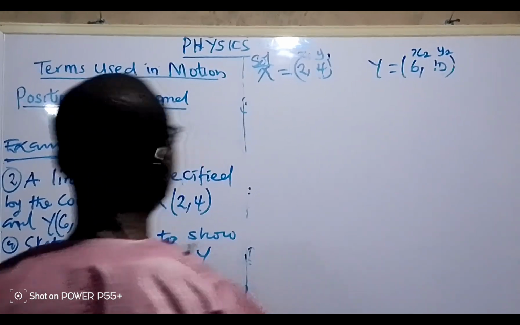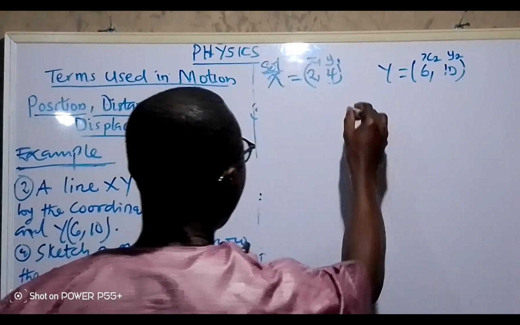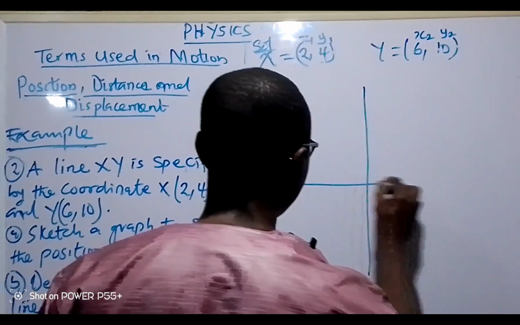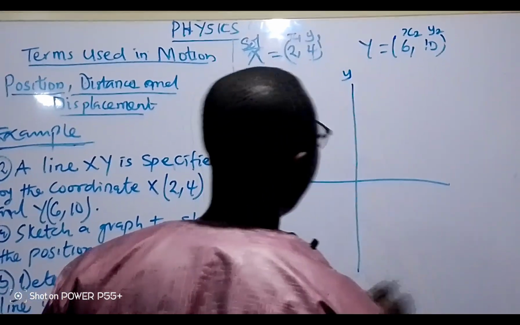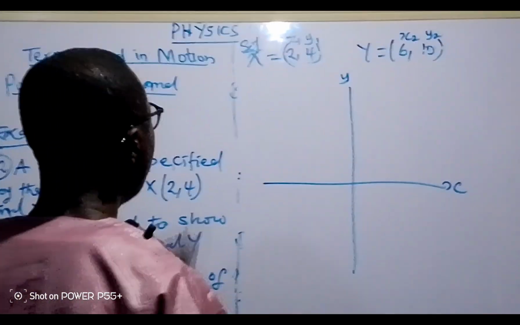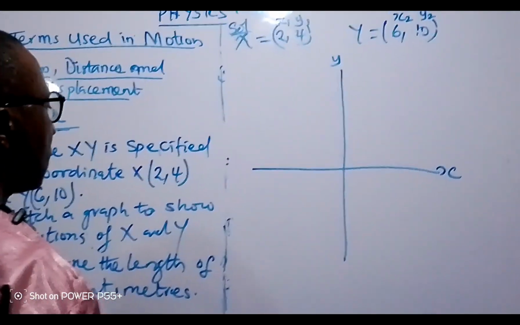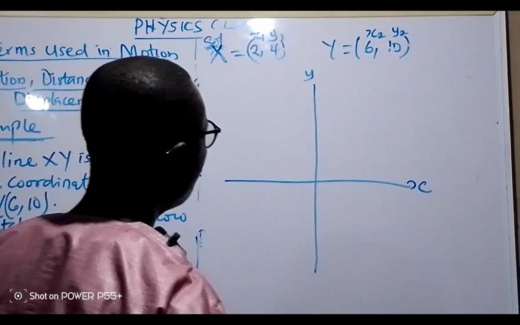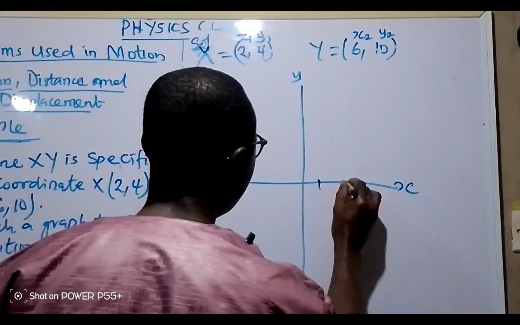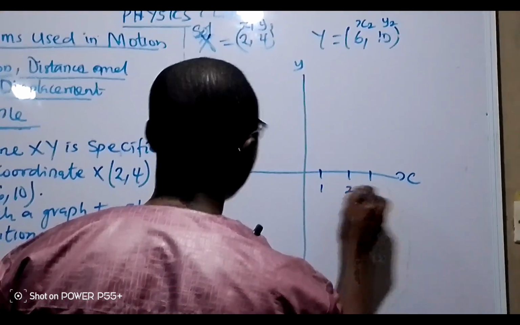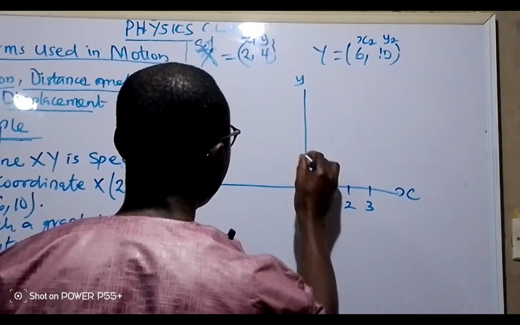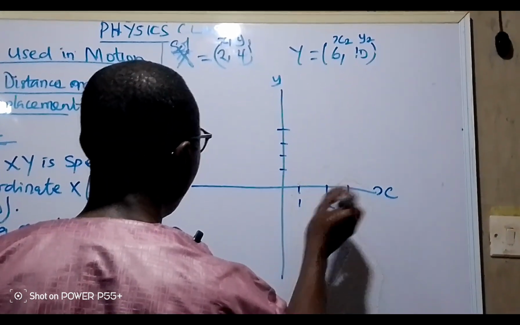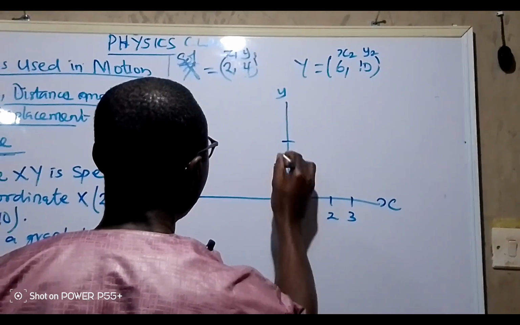Now, let's sketch the diagram as usual. This is our y and x. Let's first locate the position of X. X is (2, 4). 1, 2, 3 for x, and for y it is 4: 1, 2, 3, 4.